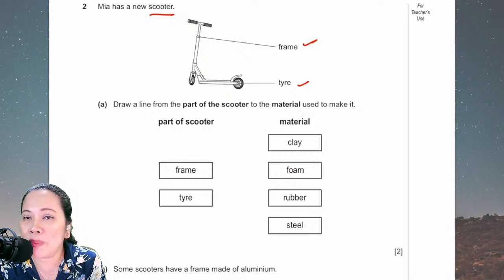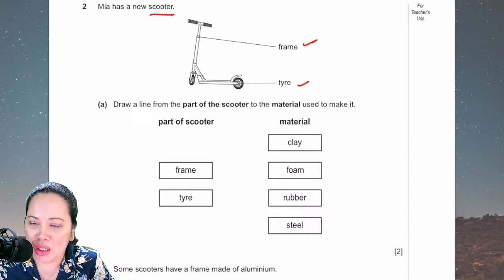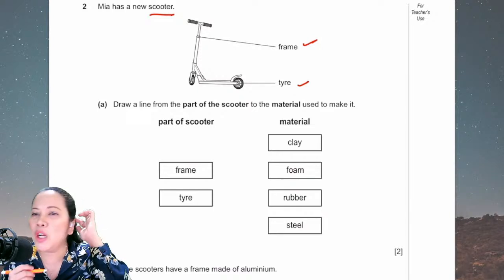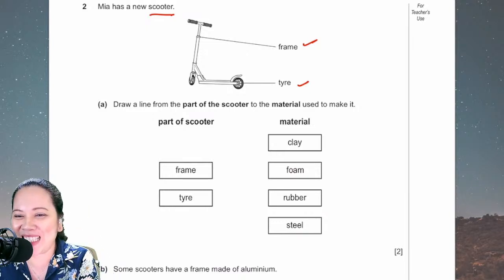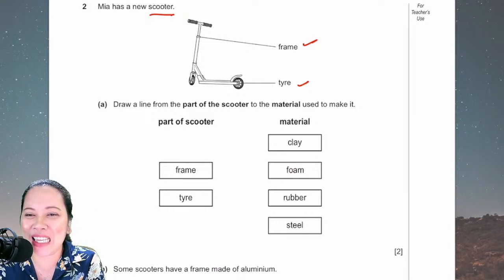Draw a line from the part of the scooter to the material used to make it. Okay. So we have two parts of a scooter. Now imagine a scooter. What do you think would be the frame made of? Come on, common sense. Just use one cell of your brain. Common sense.